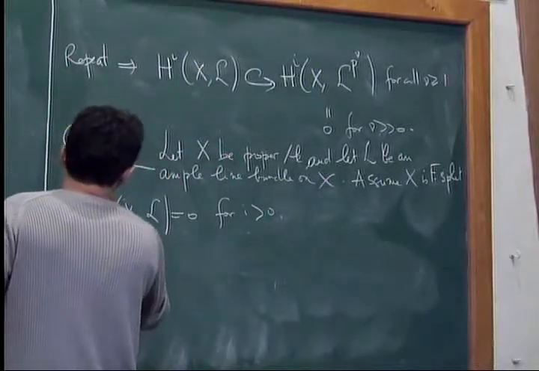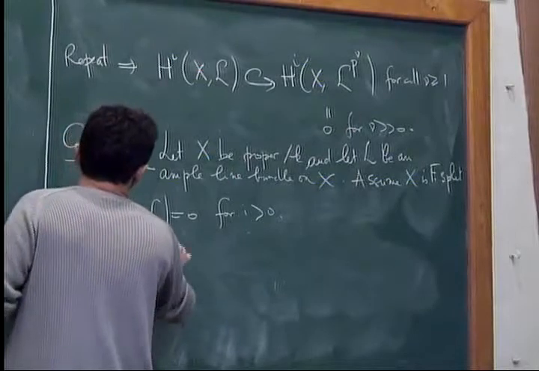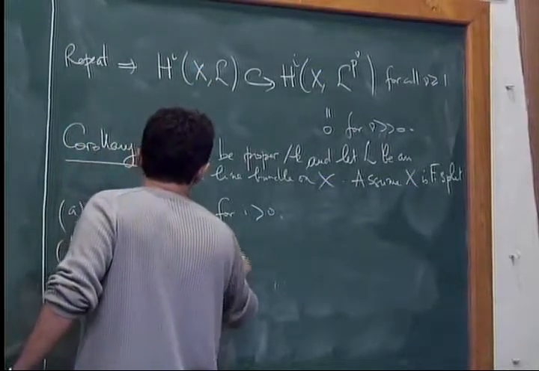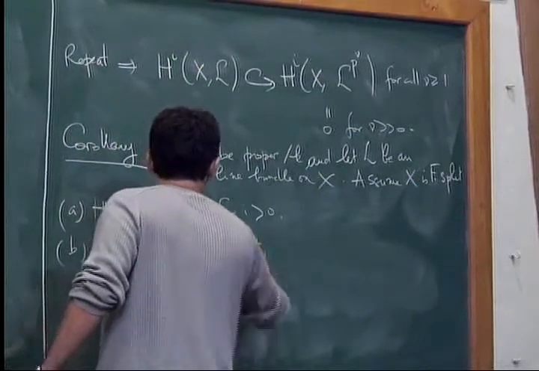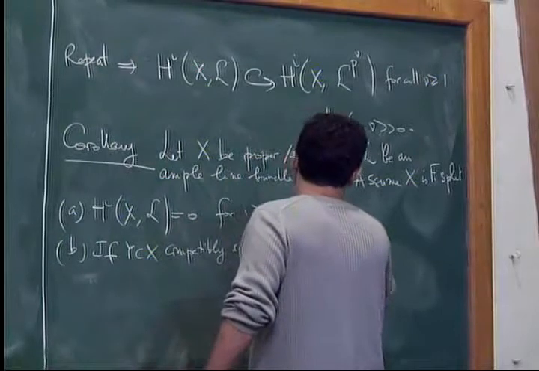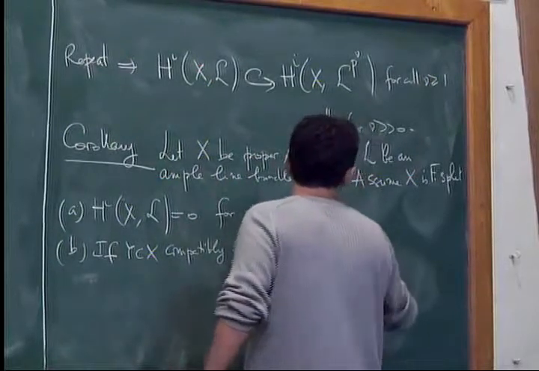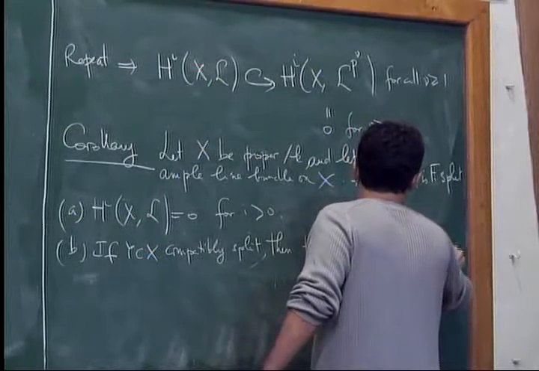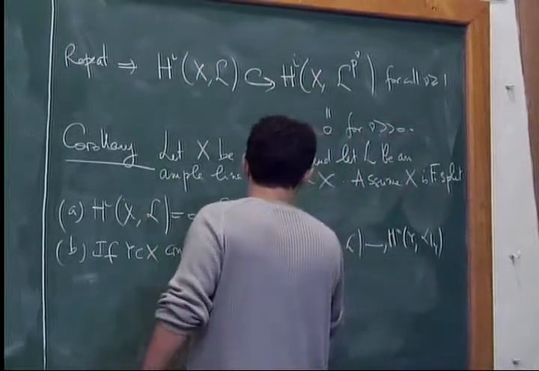B, if Y is compatibly split, then the restriction map from H^0 of L to H^0 of Y, L restricted to Y is surjective.